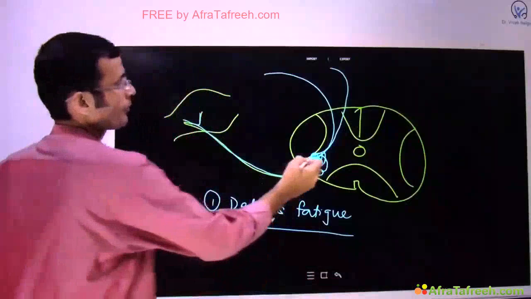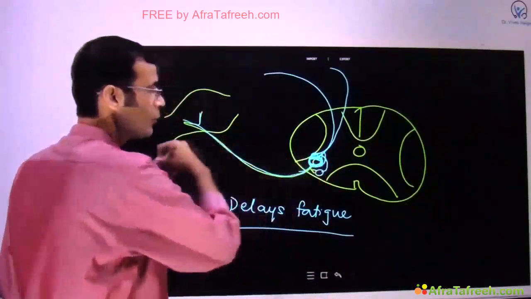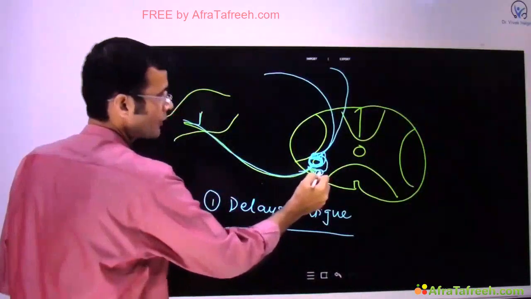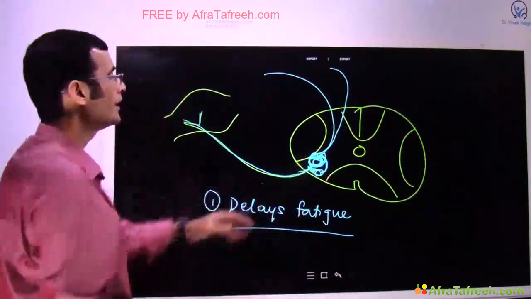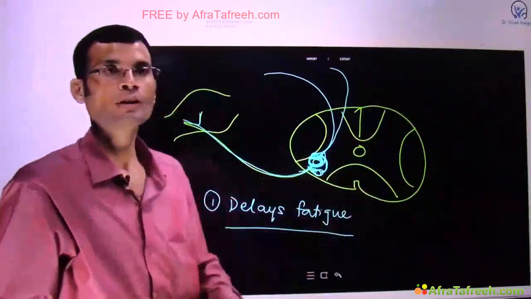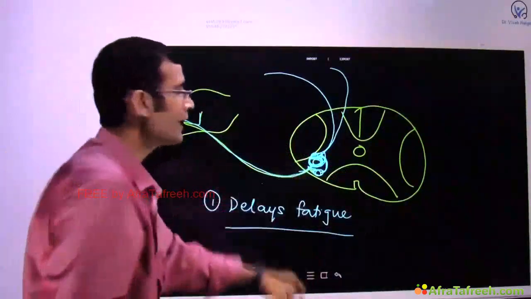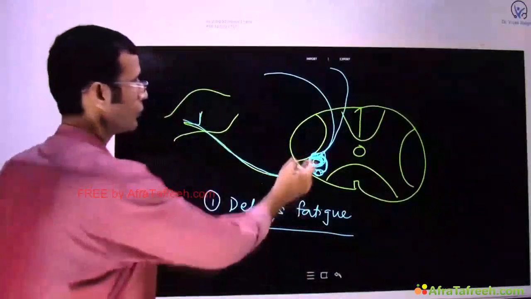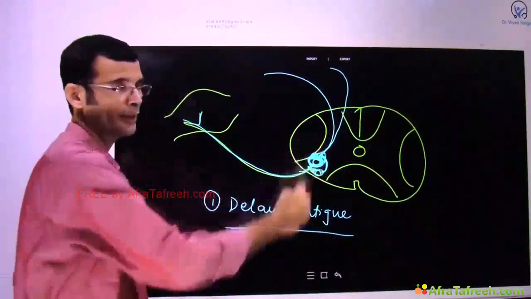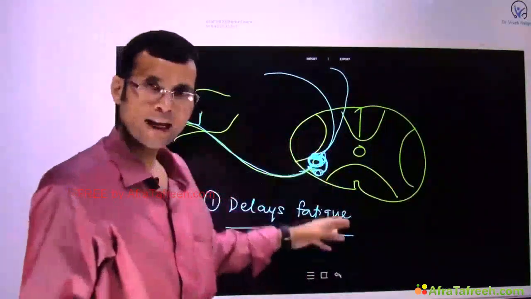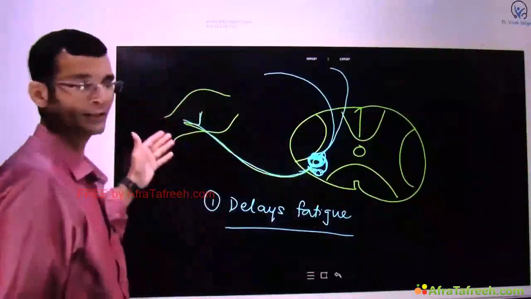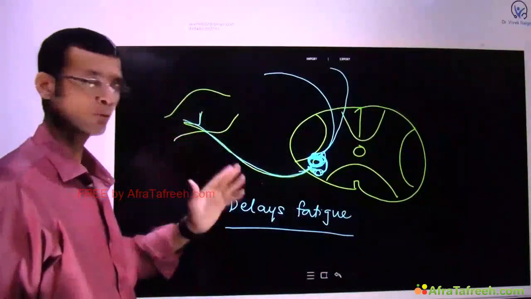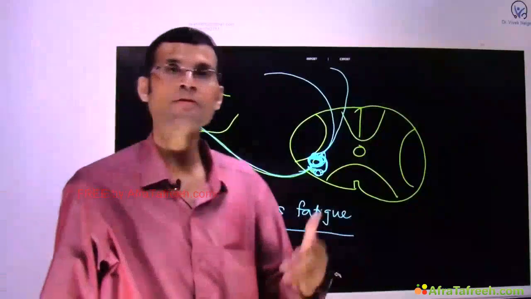And therefore, every time the anterior motor neuron is excited, it also excites the Renshaw cell, and the Renshaw cell goes back and ends on the same anterior motor neuron, so that it will create inhibitory potentials on the motor neuron, its cell membrane, so that instead of 100 impulses, maybe only 60 impulses will reach the muscle, so that muscle fatigue will be delayed, prevented.